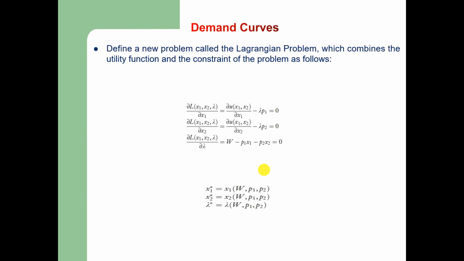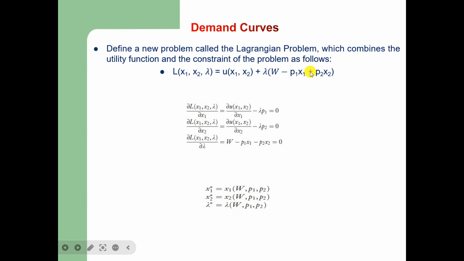Now we may define the problem which is known as the Lagrangian problem, and this problem combines the utility function and the constraint of the problem as follows. So the Lagrangian expression L as a function of x1, x2 and lambda is equal to the utility function u of x1, x2 plus lambda times the budget constraint, where the budget constraint is W minus P1 x1 minus P2 x2.